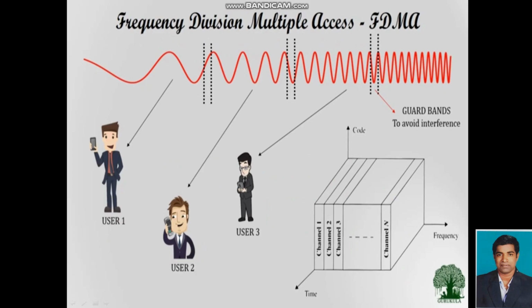This is the frequency band. Here we are creating guard bands to avoid interference. To each and every user, we are allocating separate frequency channels as shown in the diagram.